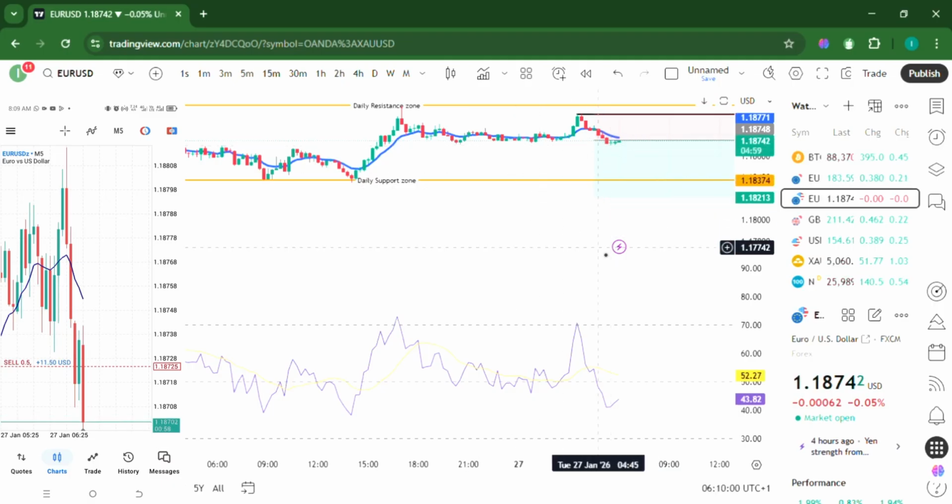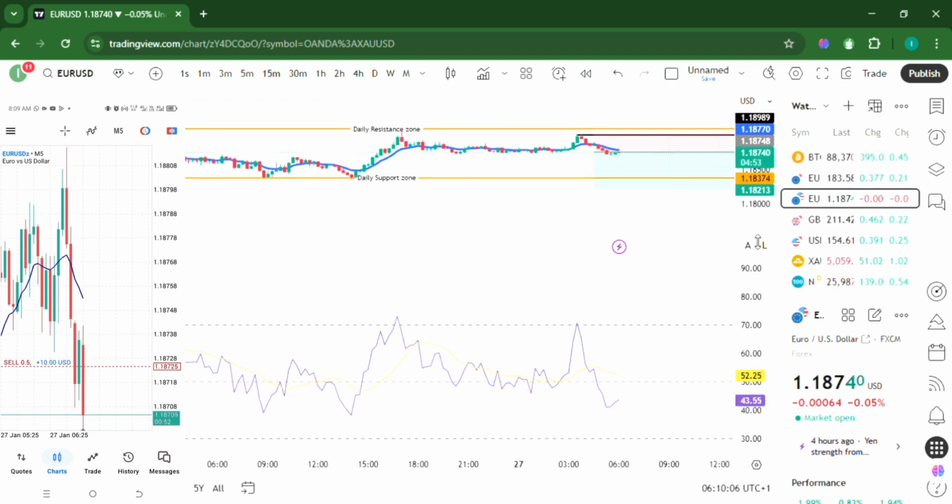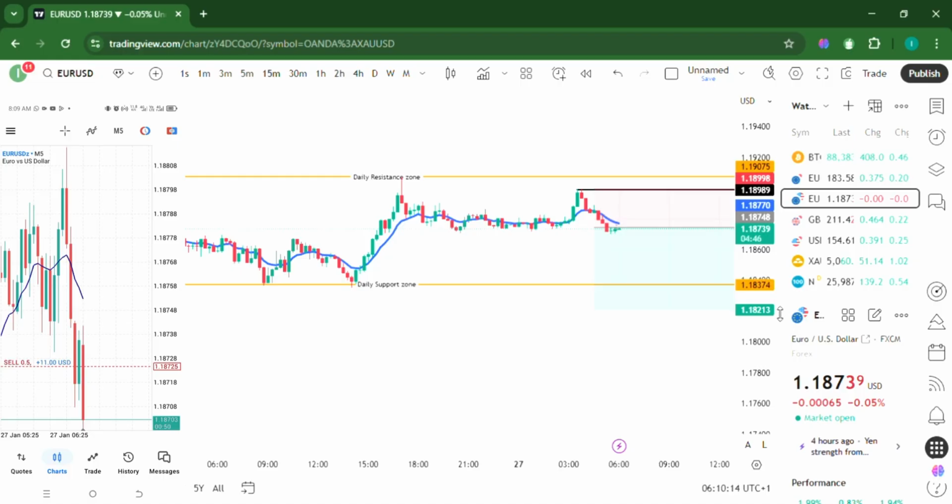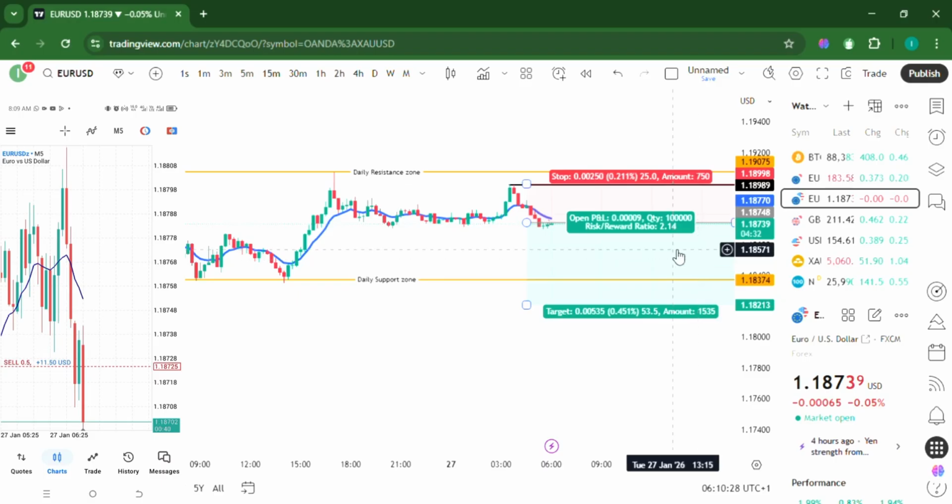You can see my entry point is at 1.18748. My stop loss is at 1.18998 and my take profit is at 1.18213. This trade is 1:2.14 risk to reward.